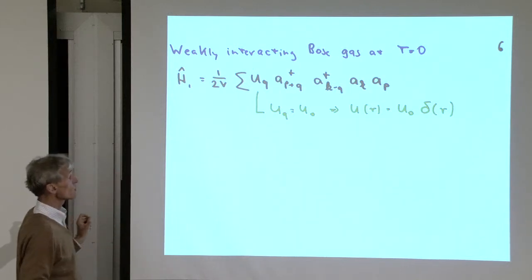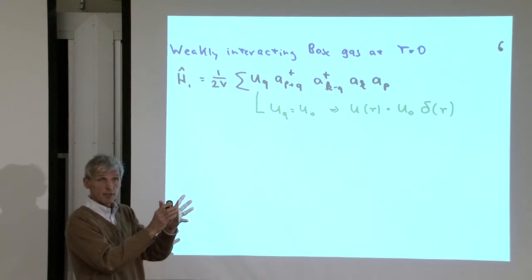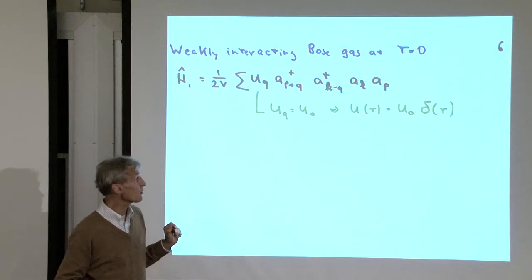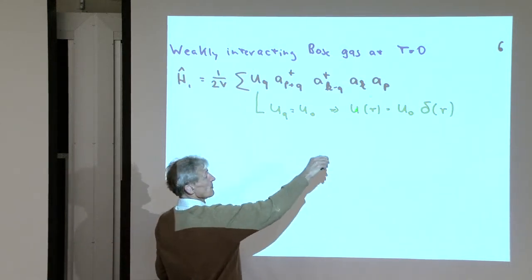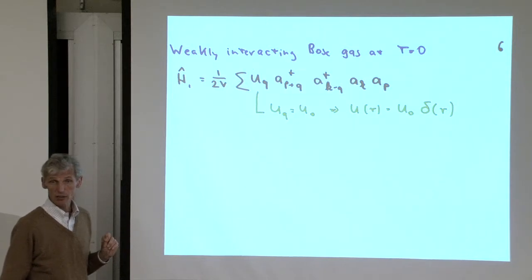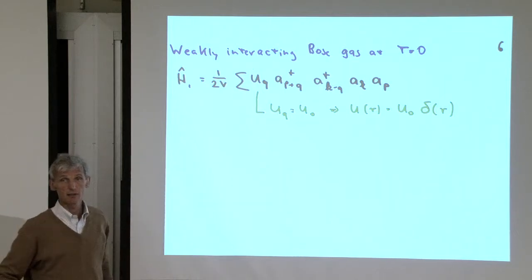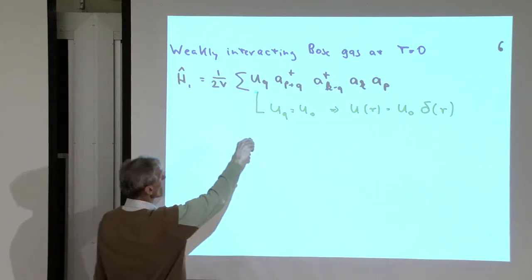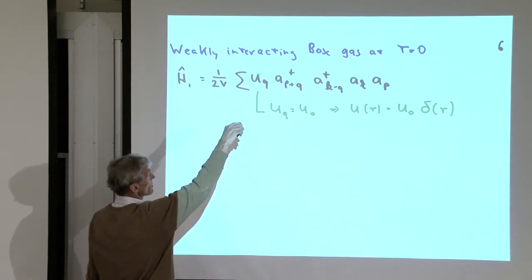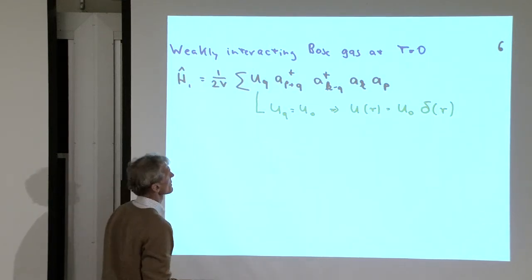So one approximation we make is that since the range of the atomic interactions is much smaller than the distance between atoms or the thermal de Broglie wavelengths, we approximate the potential by a short-range potential or delta function. Well, the Fourier transform of the delta function is constant, and that would mean in momentum space, this momentum-dependent matrix element squared is just constant.